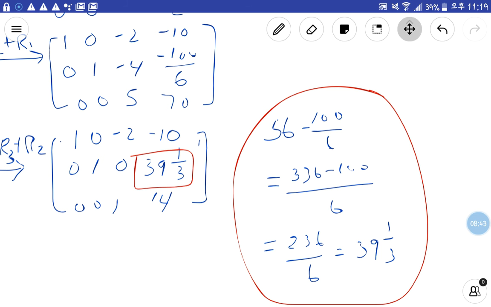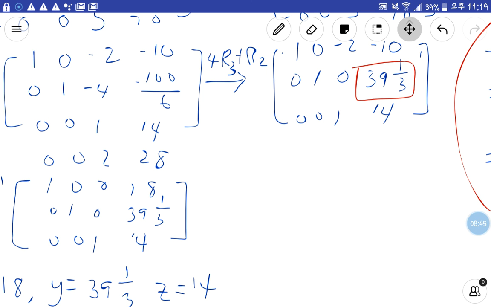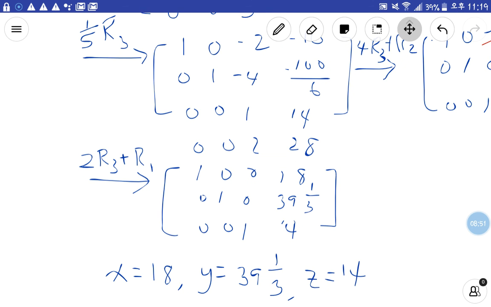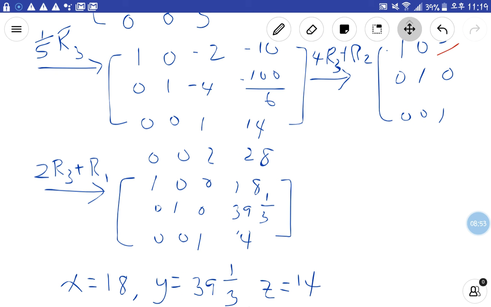And my last step, I want you to cancel out my negative 2 here. So how can I cancel out this negative? You are going to times positive 2 onto your third row and add up to your first row. Then you can cancel that one out. So my final answer would be 1 0 0 18, 0 1 0 39 1/3, 0 0 1 14.